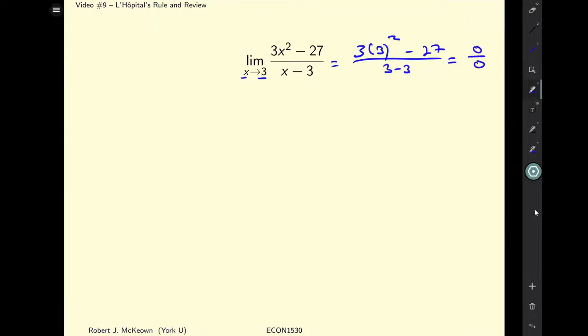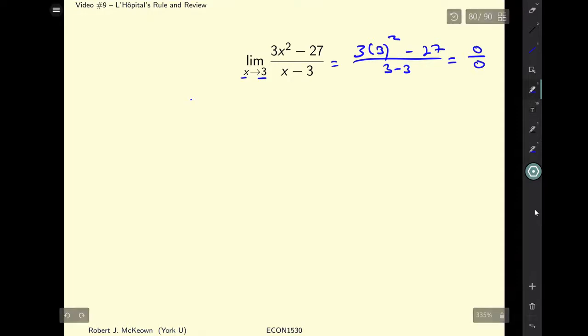Now, how can we get out of this mess? Well, one thing we can do is try and rearrange the numerator and the denominator algebraically so that we can eliminate this problem where we no longer have 0 divided by 0 when we take the limit.